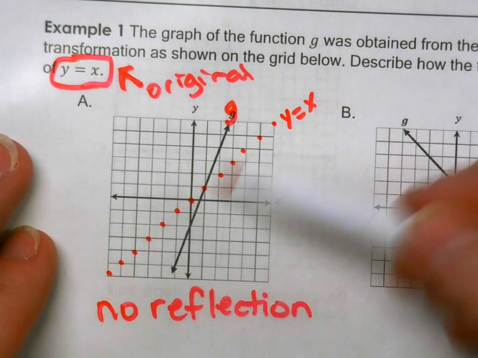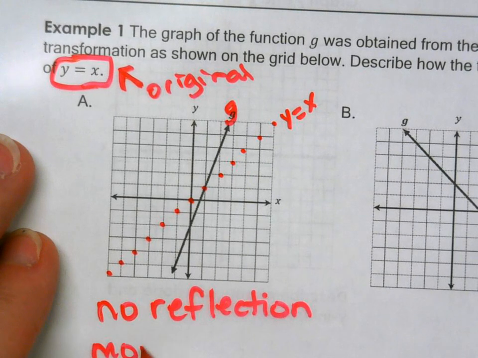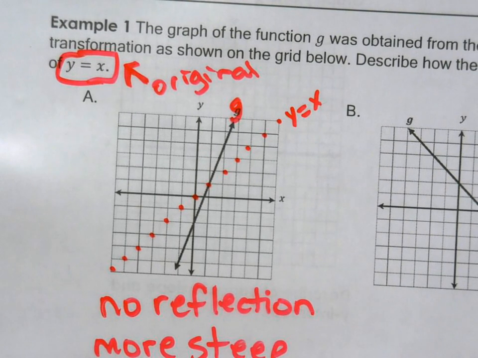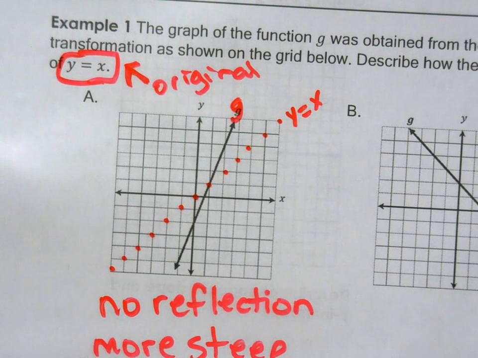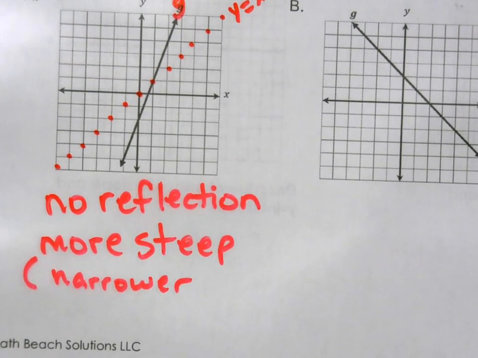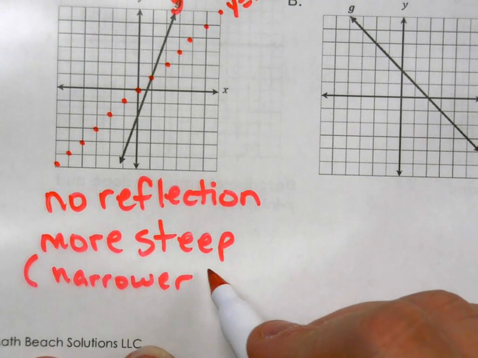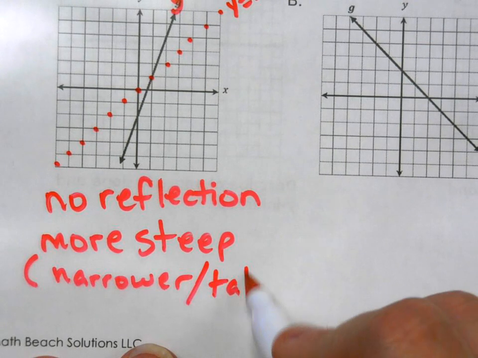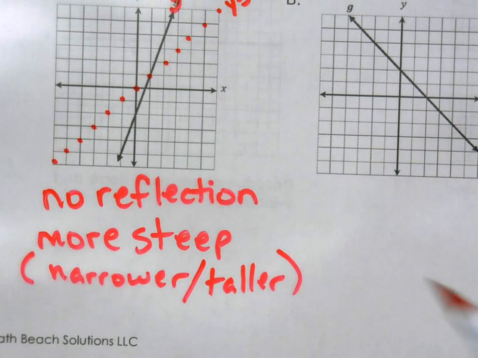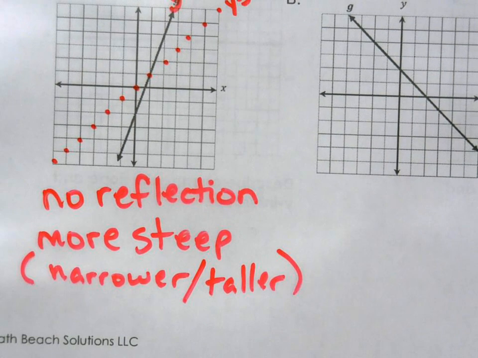So my new one is more steep. You could also say it's narrower. You could say it's taller. But more steep is how you will see it most of the time phrased.